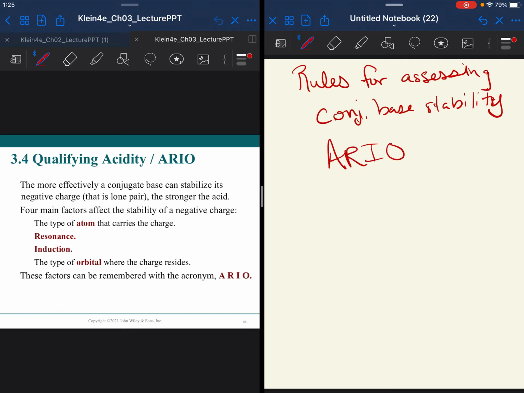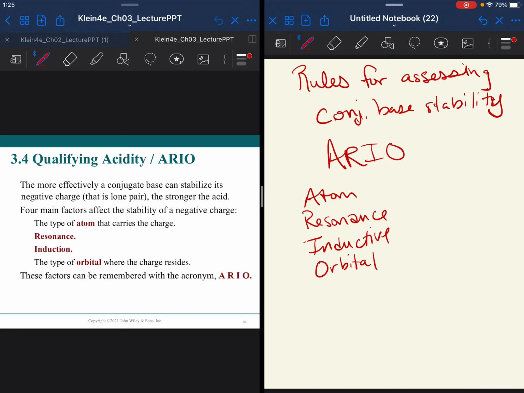And this is going to stand for atom, resonance, inductive effect, so I'm just going to write inductive, and then something called orbital, which is last. We'll talk about that at the end.